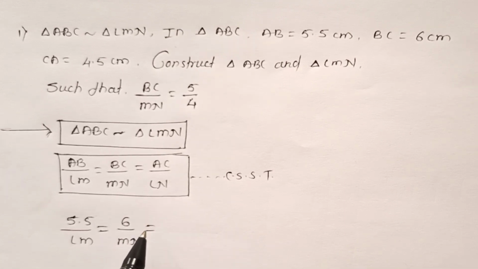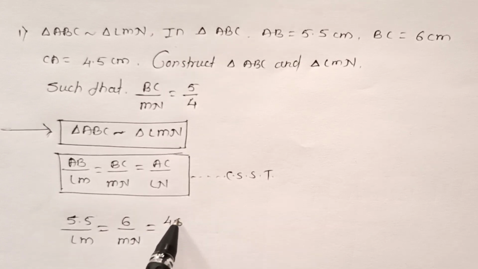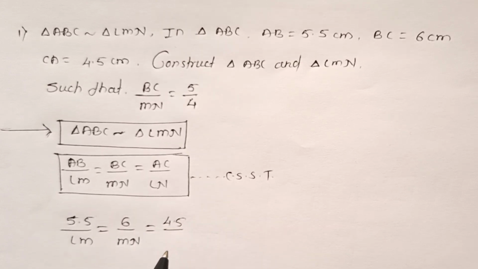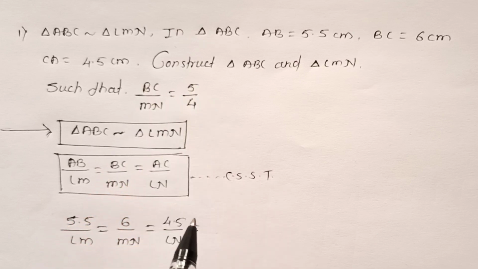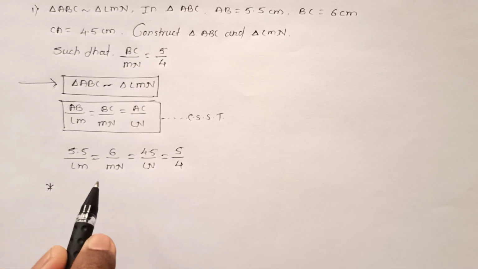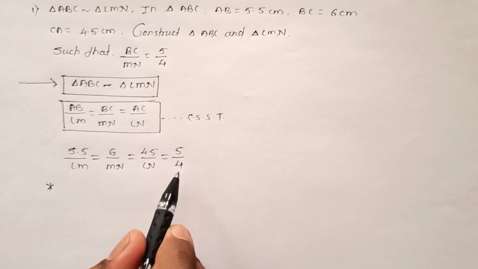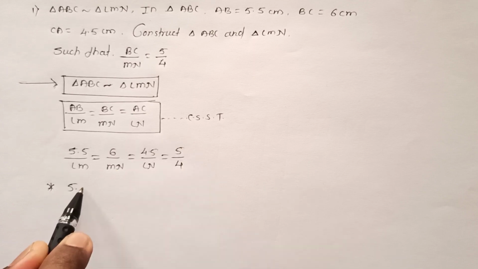And AC, which is 4.5 cm, upon LN. This is equal to, now this ratio is given, BC upon MN is equal to 5 upon 4. So write down that 5 upon 4 in front of this one. So let's find out one by one by taking this ratio and the values which are given.